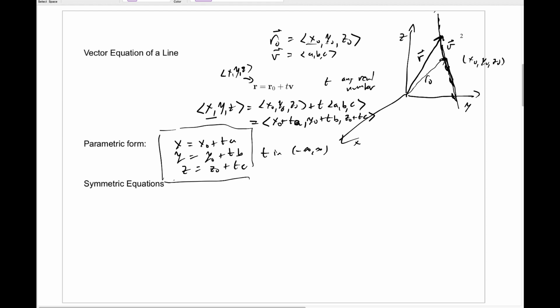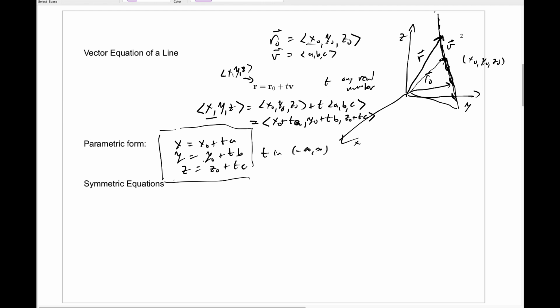Here's r naught. And r here would just be r naught plus 1 times v. Here would be a vector which is r naught plus, say, negative 3/2 times v. Here you'd have something like r naught minus 2 1/4 times v, things like that. And that would lead to different points x, y, z on your curve.